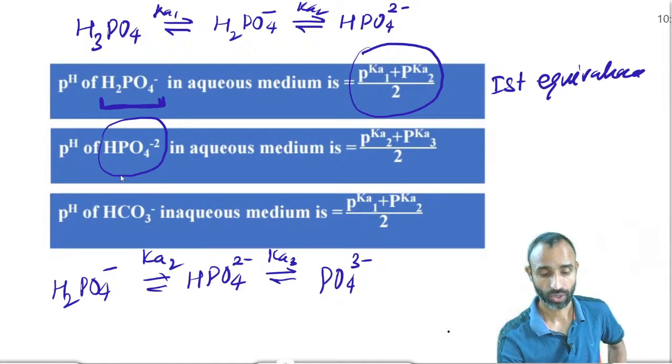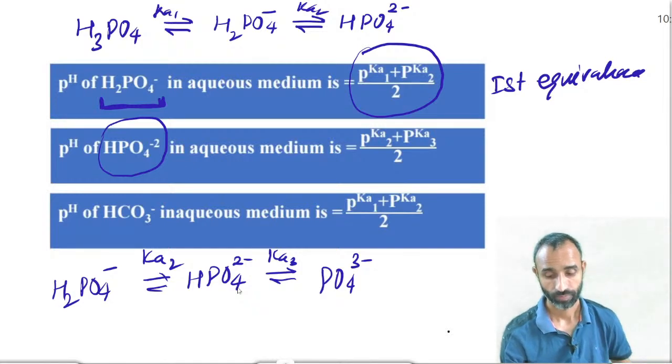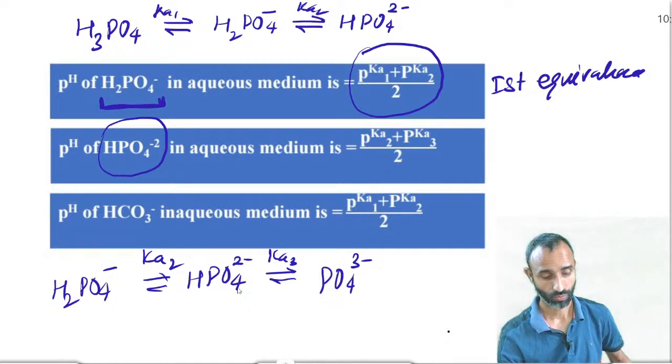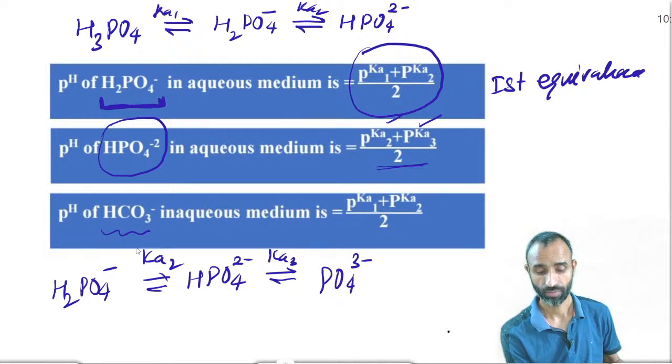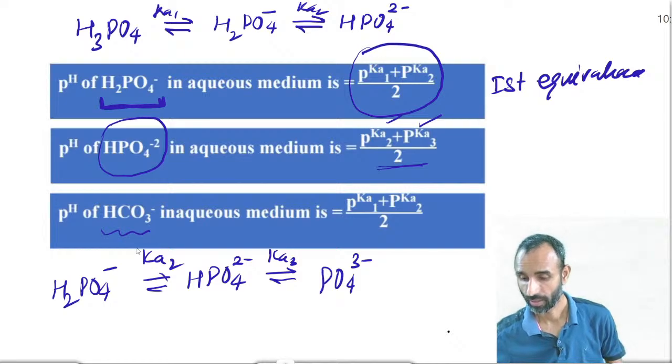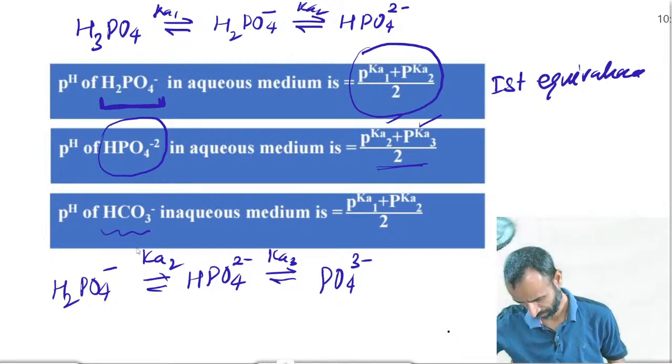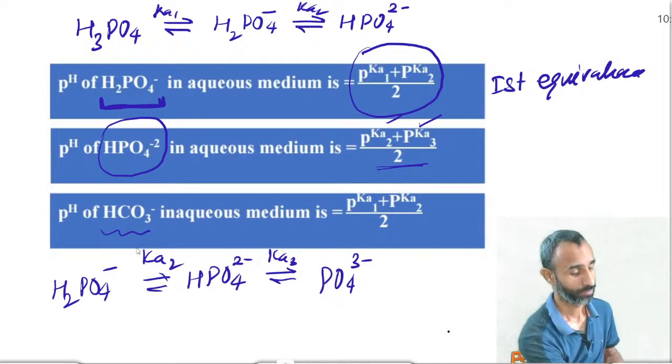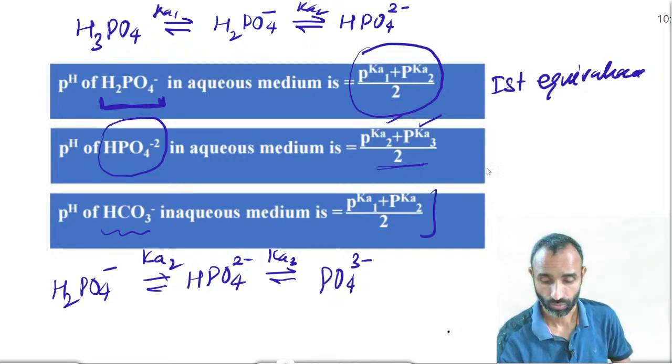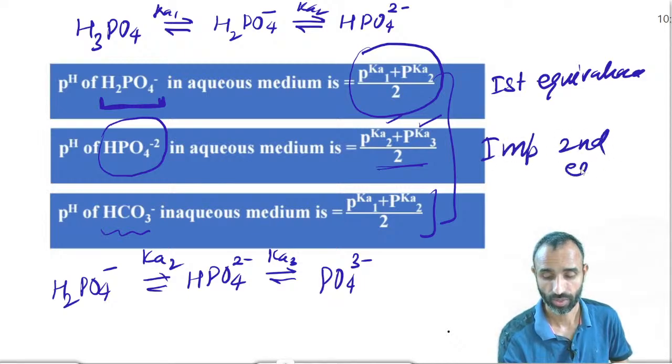So pH for HPO4 2 negative is equal to pKa2 plus pKa3 divided by 2. For HCO3 negative in aqueous solution, again it is pKa1 and pKa2. Right? So this is also an important part. This is the second equivalence point.